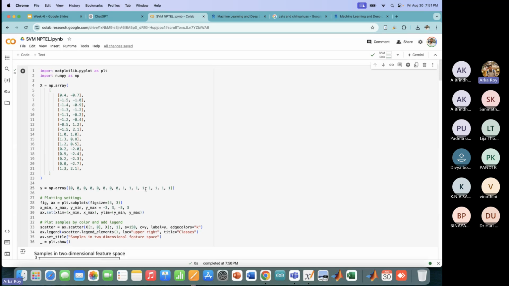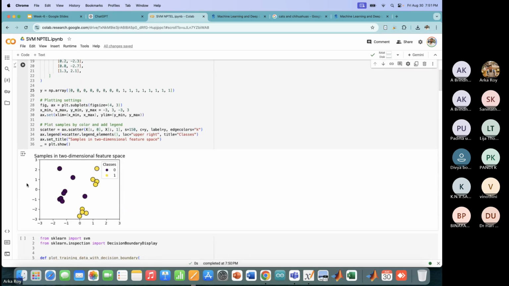Yeah. So this is what the data set looks like. The darker points belong to class 0 and the yellow points belong to class 1.